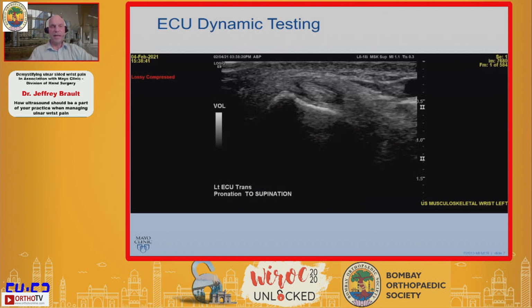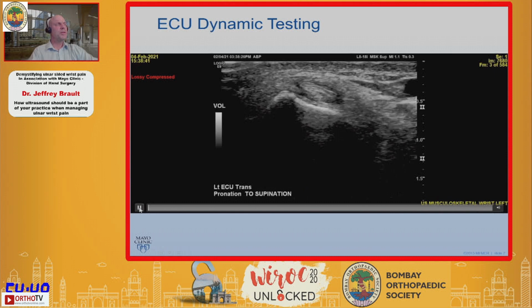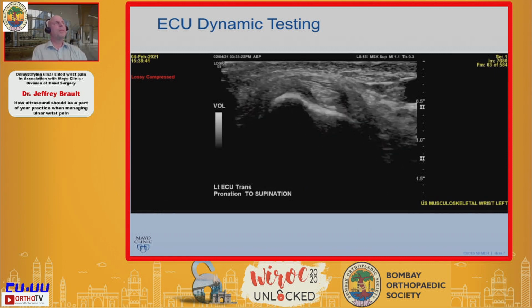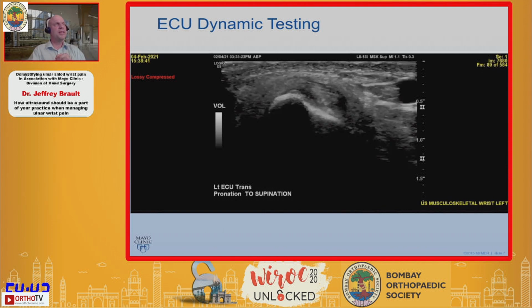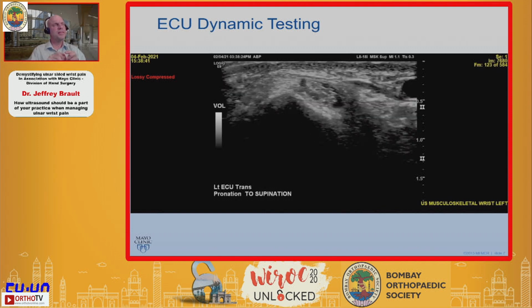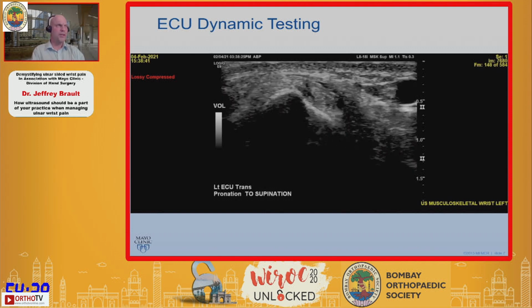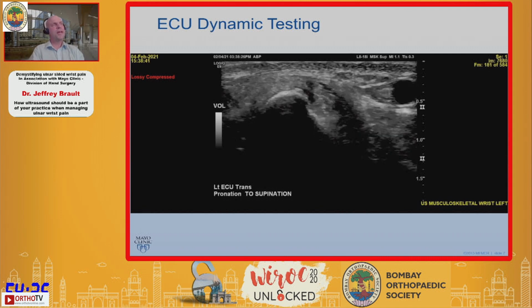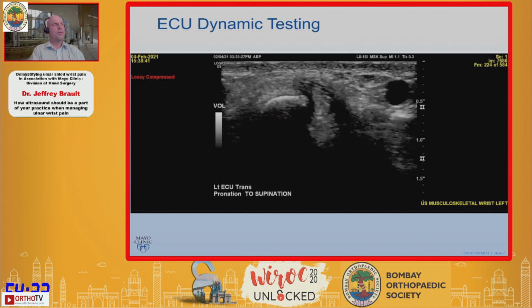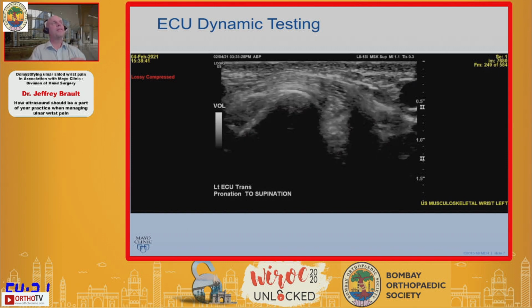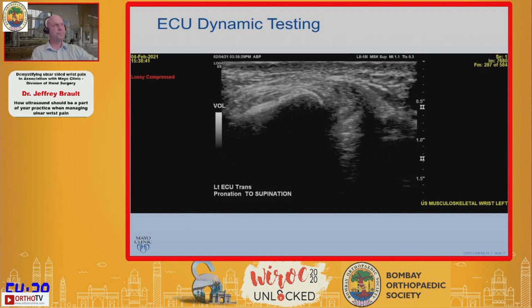Now, as I said, ultrasound can also be a dynamic test. And as we discussed, between pronation and supination, the ECU tendon can actually sublux. And this is a patient going from pronation, where the ECU is actually inside or in the valley, and then popping over the ridge.